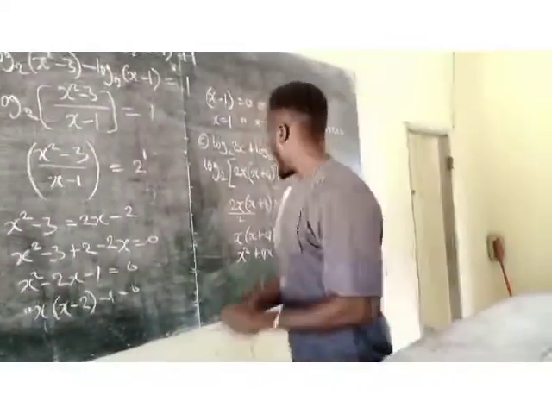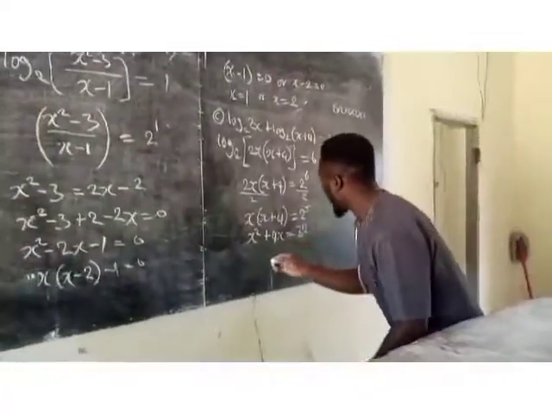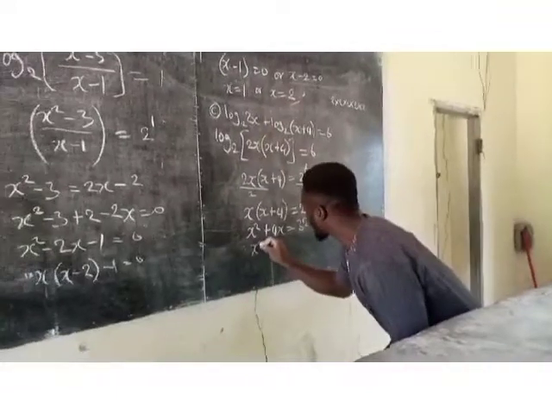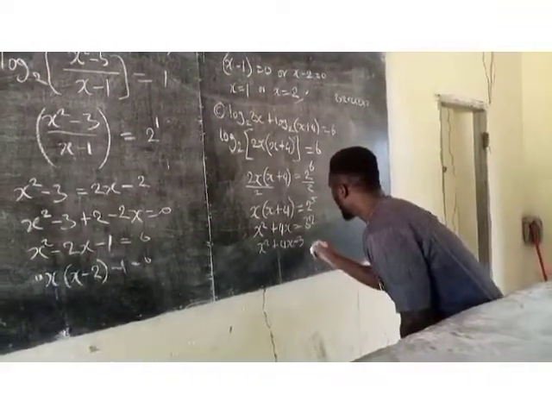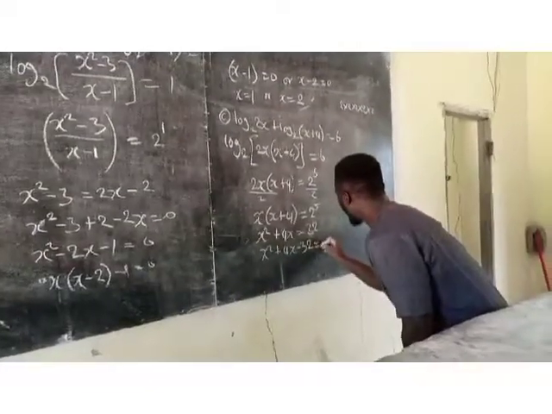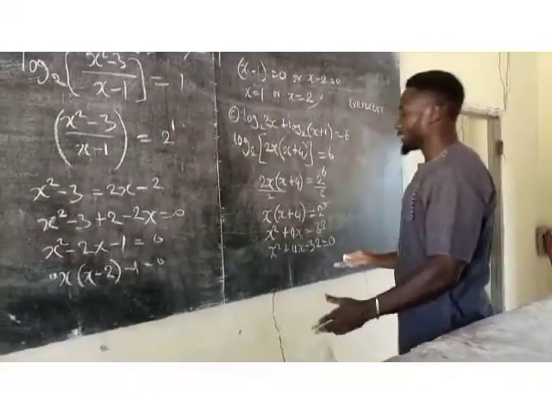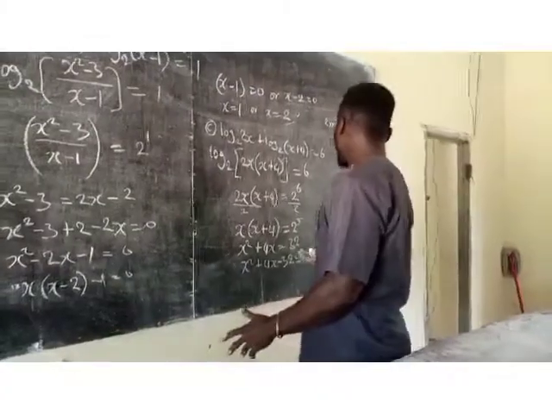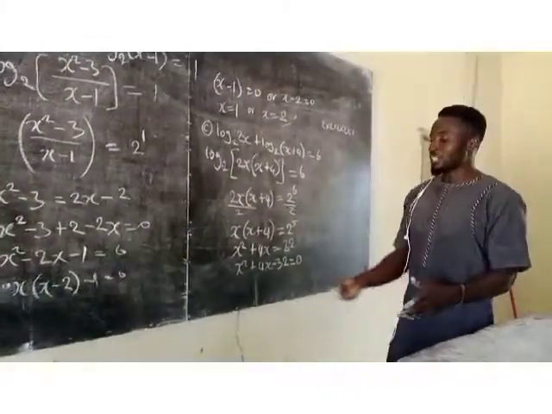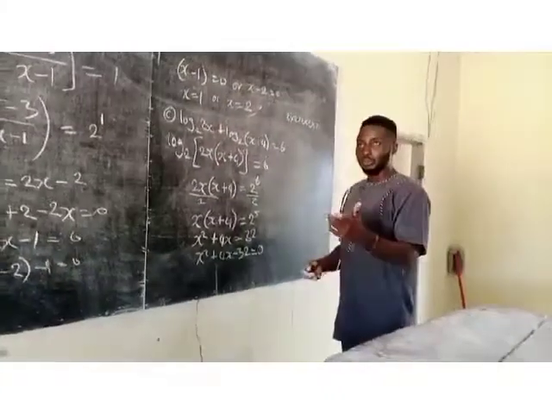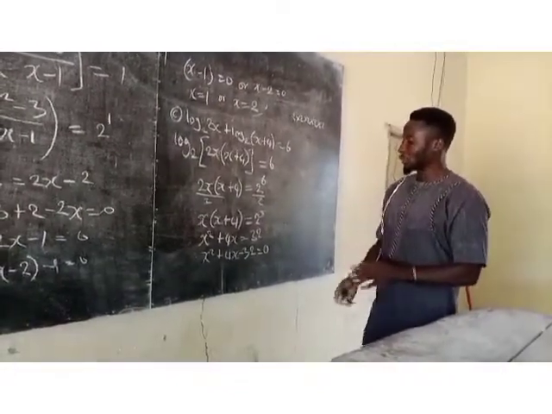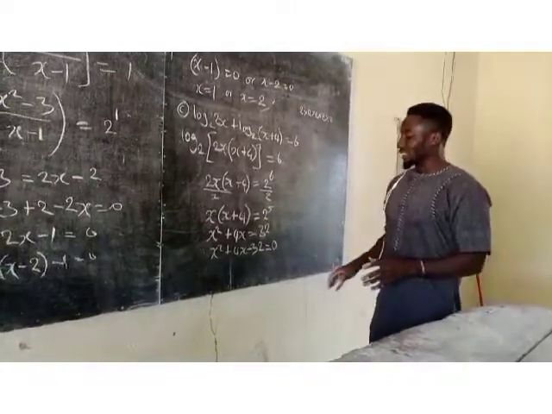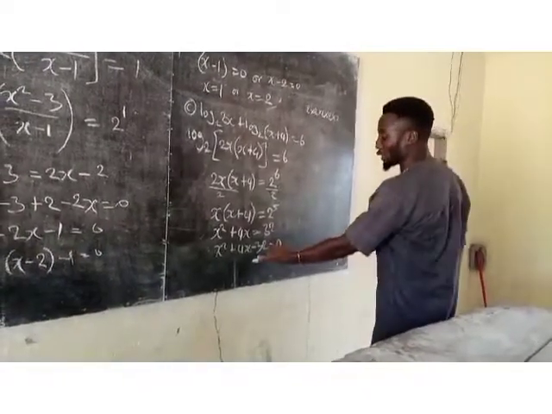So here we have x squared plus 4x minus 32 will be equal to 0, which leads to a quadratic equation. This quadratic equation you can watch in our next section, where we treat quadratic equations.